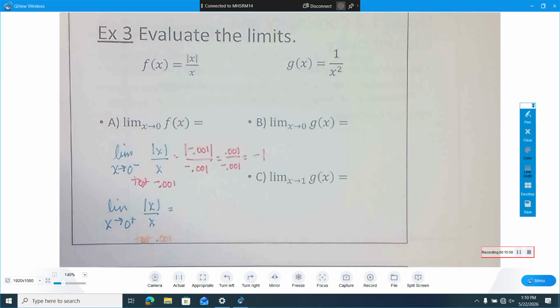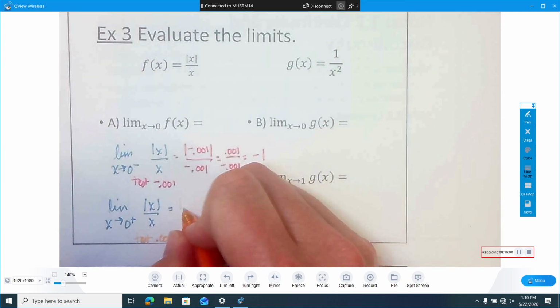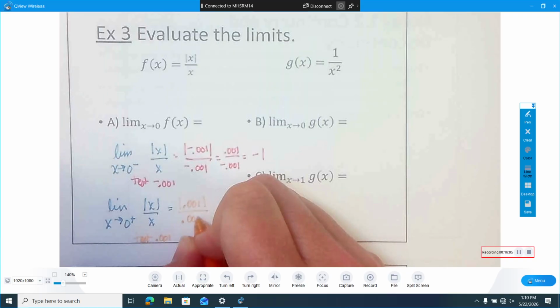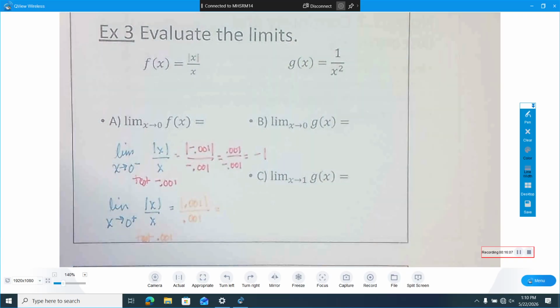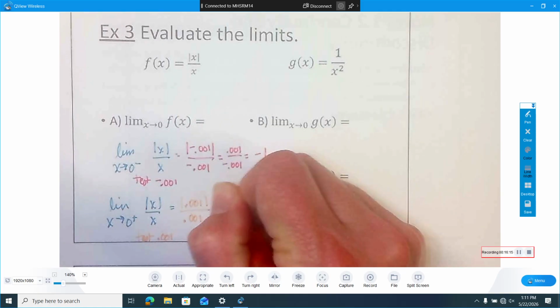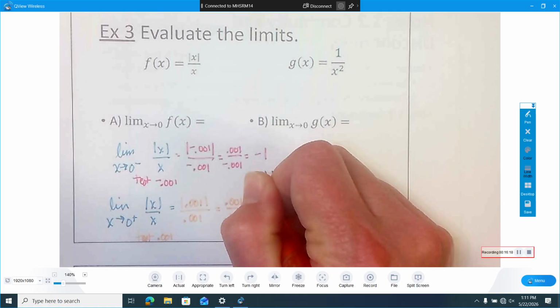Positive. We're on the positive side of 0. All right, so 0.001 inside absolute values over 0.001. What's the absolute value of 0.001? Still the same thing, 0.001 positive. All right, and that just reduces to 1.